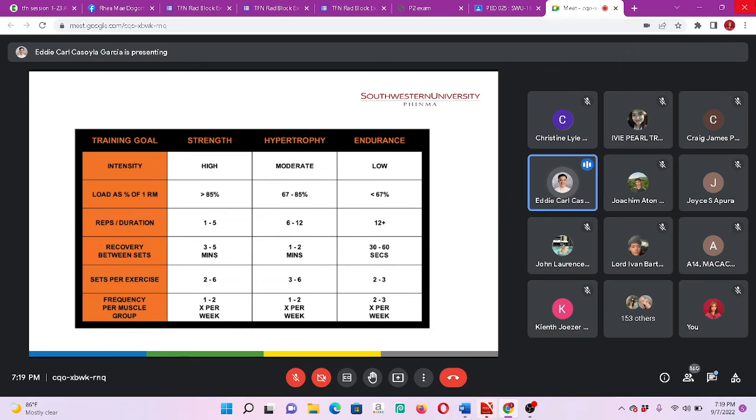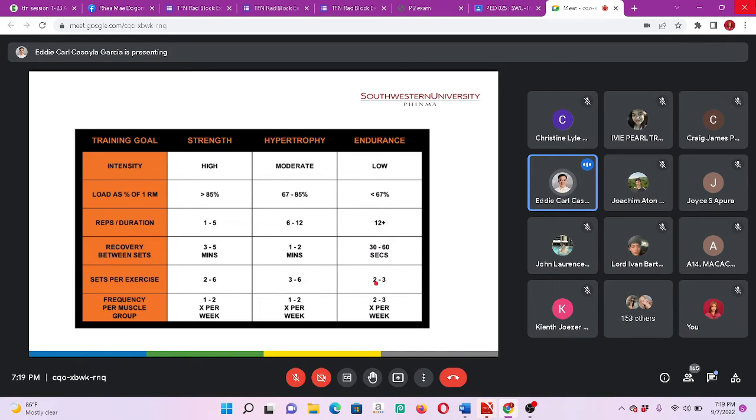Okay, and then for the reps and duration, 12 and above for low intensity, and for moderate intensity, 6 to 12 repetitions or duration. And for the recovery between sets, for low intensity, 30 to 60 seconds. For moderate, 1 to 2 minutes. Sets per exercise for moderate, 3 to 6.